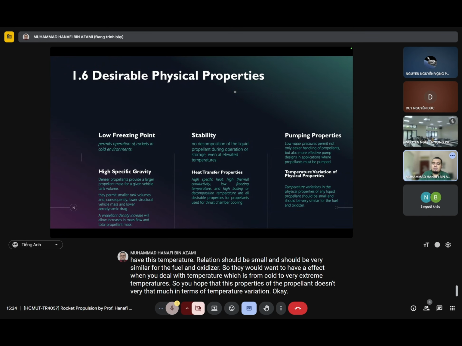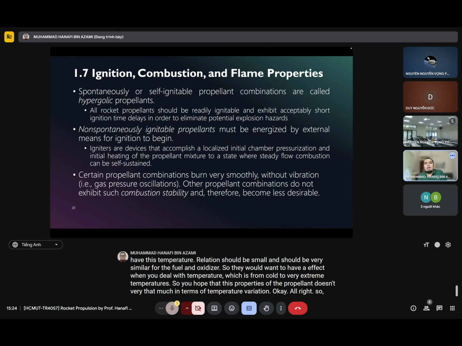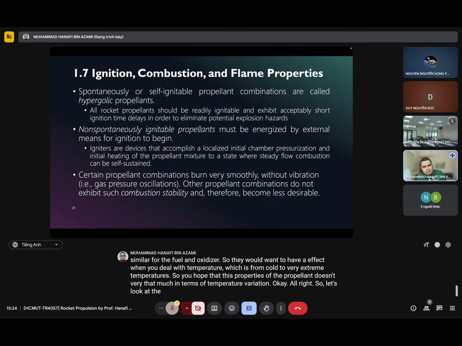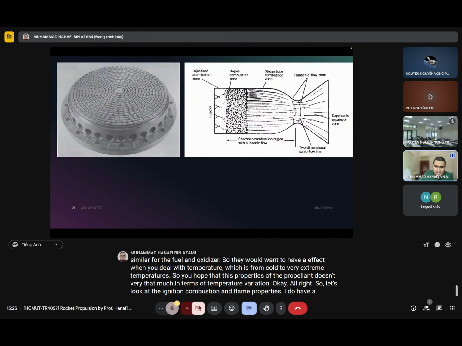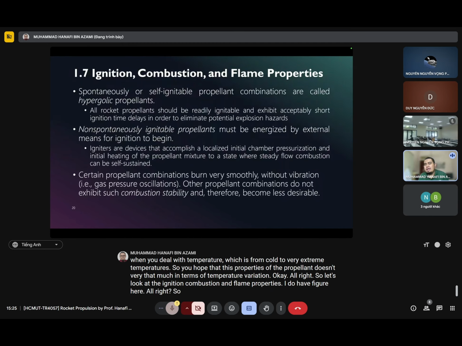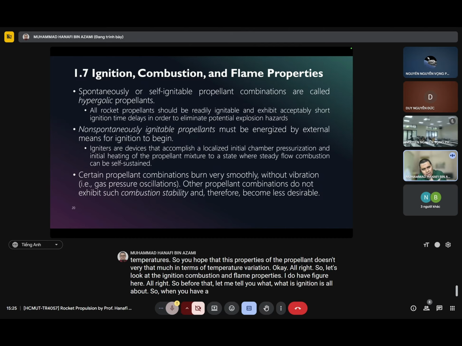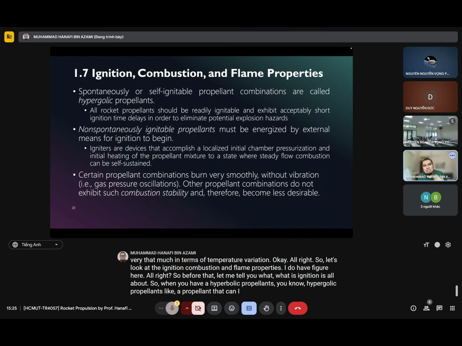Okay, all right. So let's look at the ignition, combustion, and flame properties. I do have a figure here. Before that, let me tell you what ignition is all about. Hypergolic propellants are propellants that can self-ignite automatically.